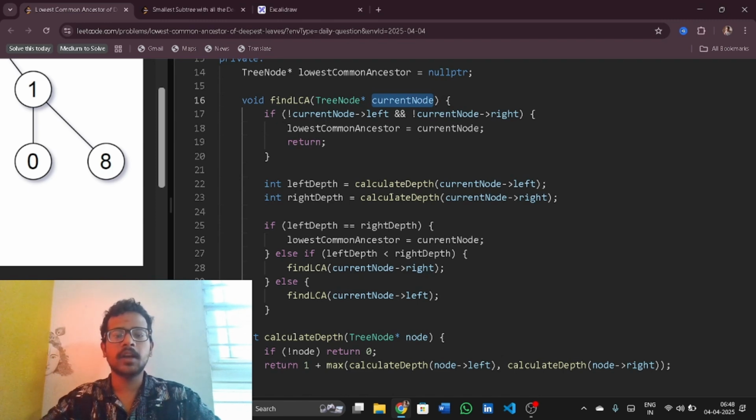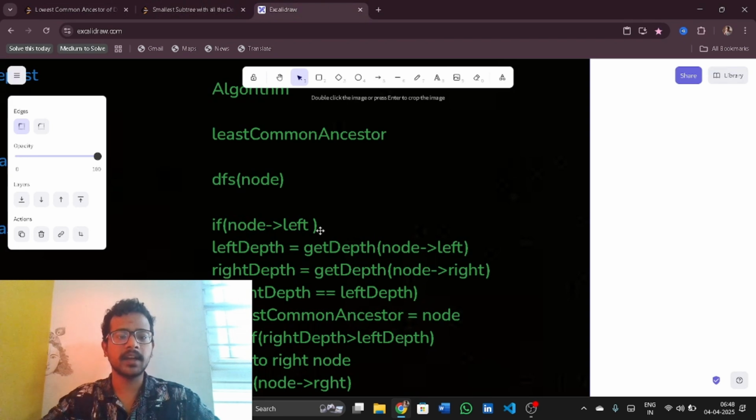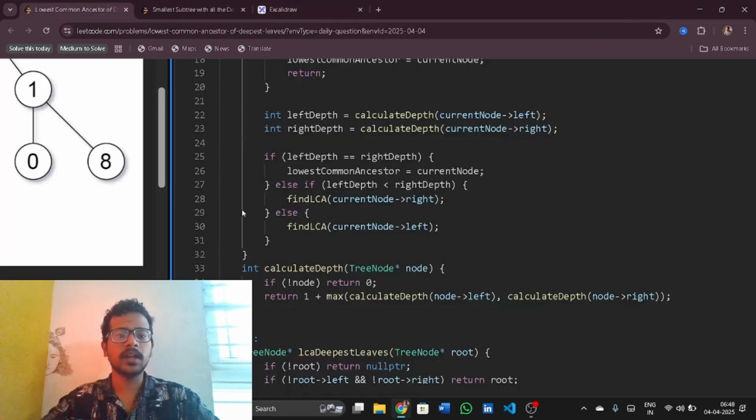Int left depth is equal to calculate depth. Here I named it as get depth; in the code it is calculate depth. Now left depth is calculate depth of current node of left, right depth is calculate depth of current node of right. So how will this calculate depth be working?